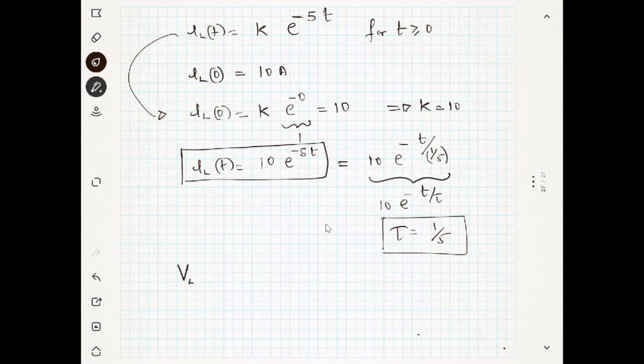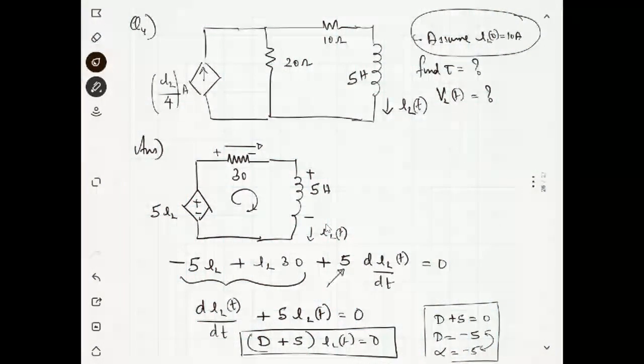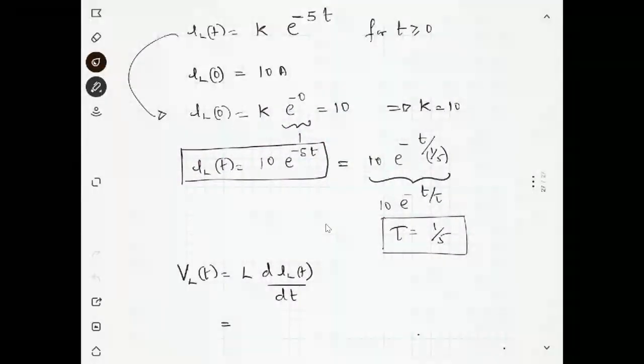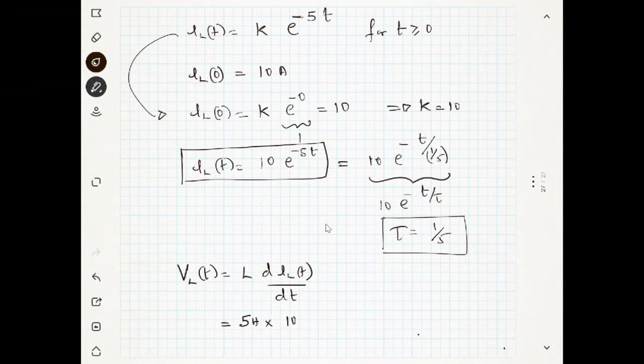Now what is the voltage across the inductor? Voltage is L into dIL of t by dt. L is 5 henry. So this is 5 into 10 into minus 5 into e power minus 5t.